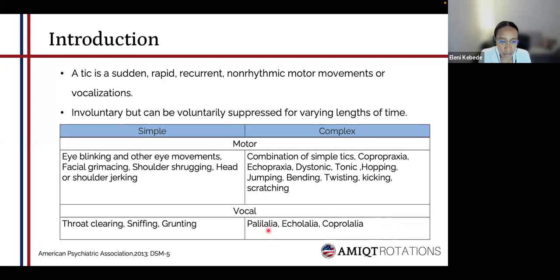One important thing we should know is that these vocal tics are forced out of them. They are abrupt and sharp, and we can differentiate them from normal human interaction speech.